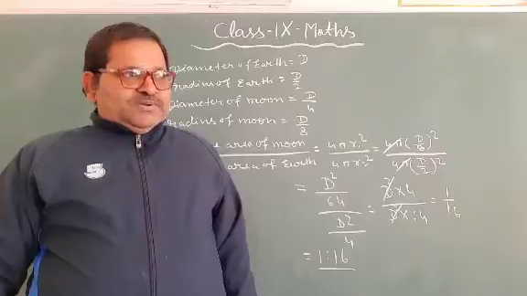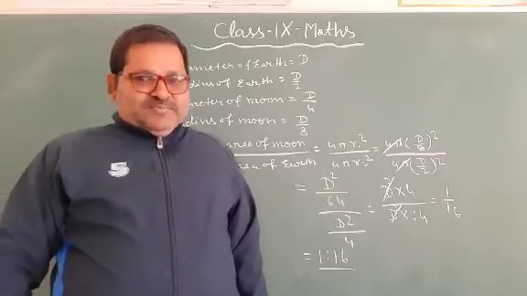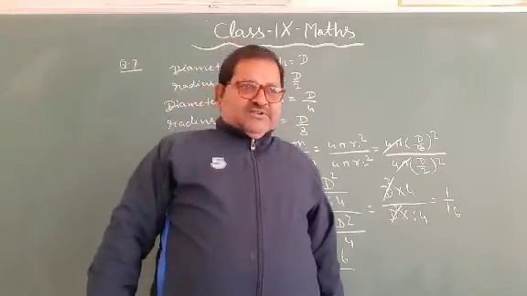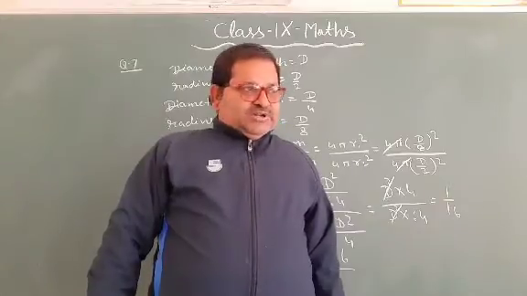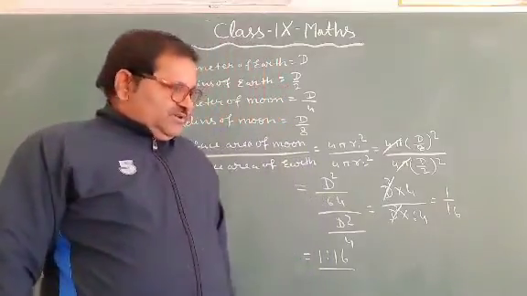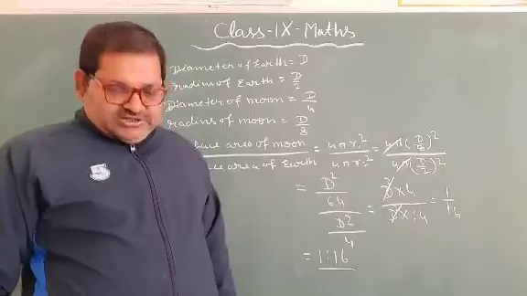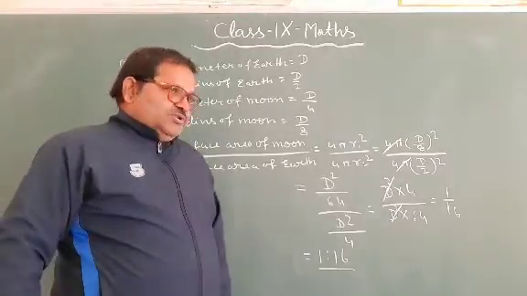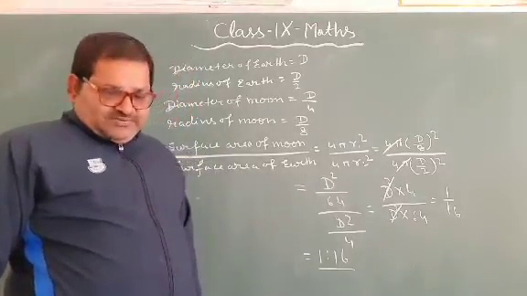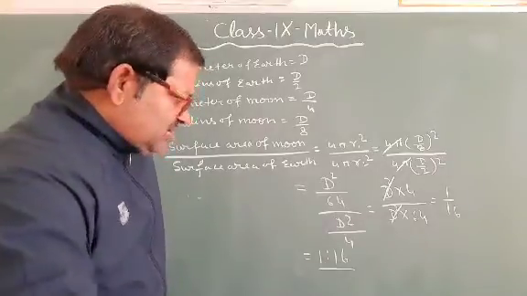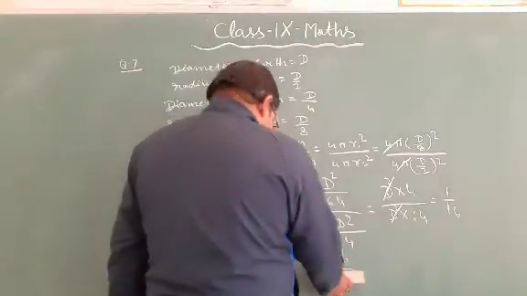So we write the surface area of moon first and the surface area of earth to get the result: 1:16 is the ratio of surface area of moon to surface area of earth. Clear?